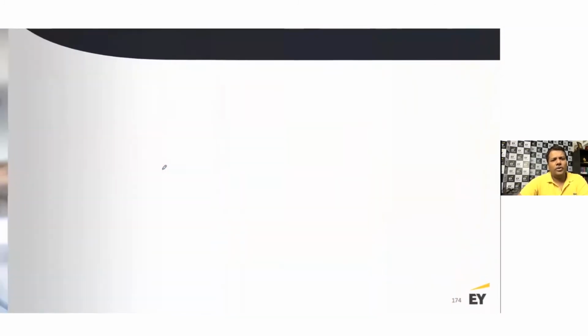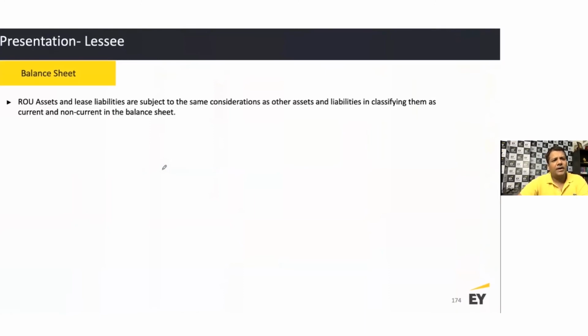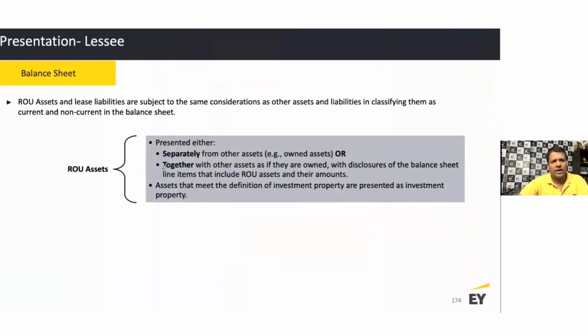Now, moving forward to talk about the presentation and disclosure. From a balance sheet perspective, you're going to record the ROU asset and the liability. The ROU asset is presented separately from other assets, like an intangible asset, separately from other owned assets, or together with other assets if they are owned, with disclosure on the balance sheet.